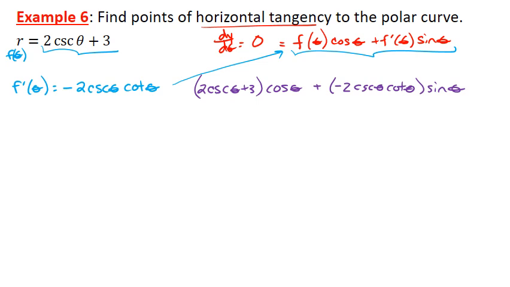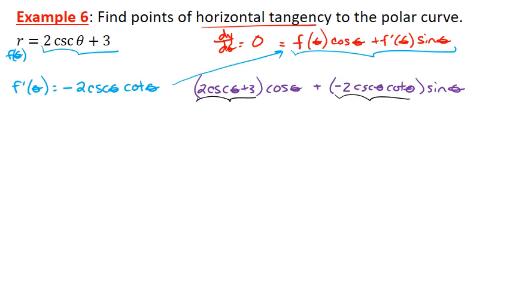Now, for this one, we are not given an ordered pair. So leaving this first part as r and negative r is not going to help me because I don't have an ordered pair. So a different approach is needed. We need to distribute and combine like terms.